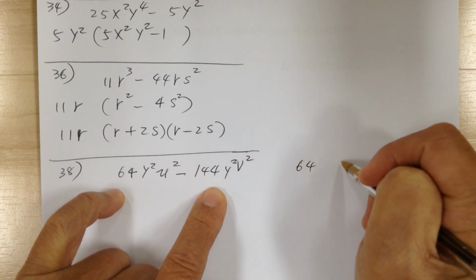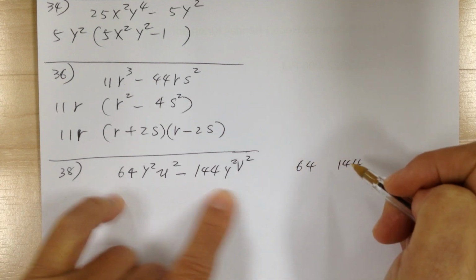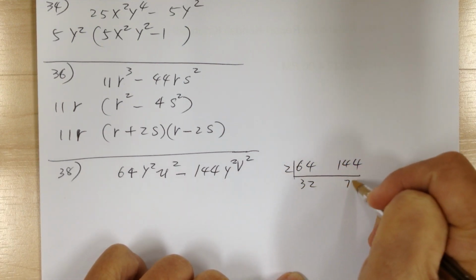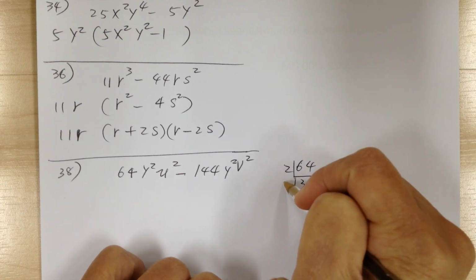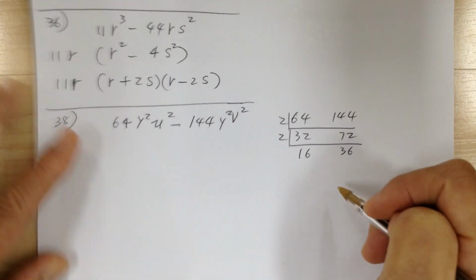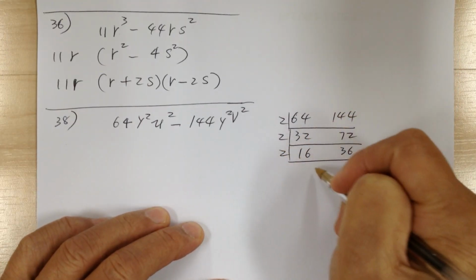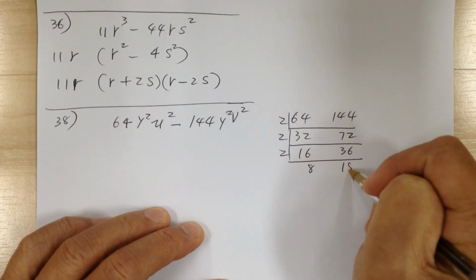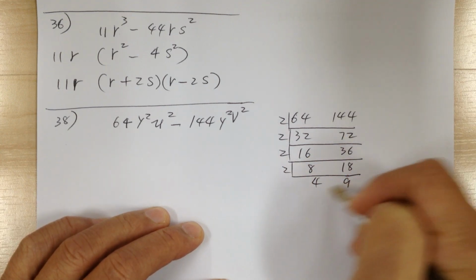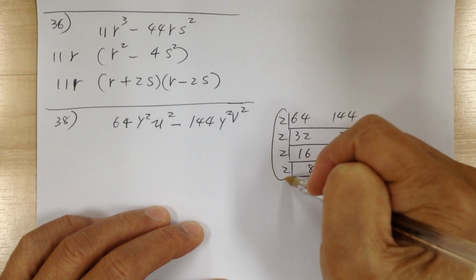Okay, so you got 64 and 144, right? So both of them can factor out the 2, so divide by 2, you get 32 and 72. You can divide by 2 again, so you get 16 and 36. Okay, you can divide by 2 again, so you get 8 and 18. Divide by 2 again, you got 4 and 9, and that's it.